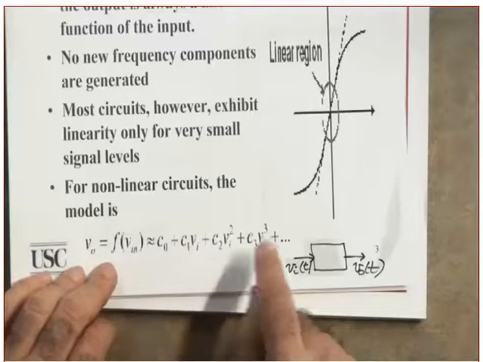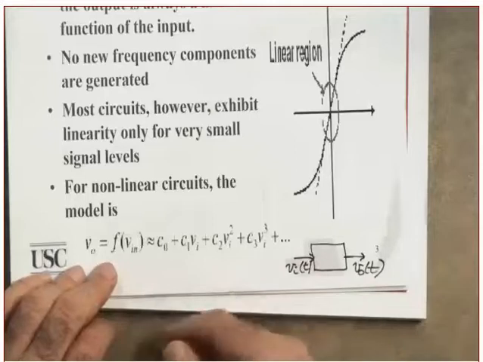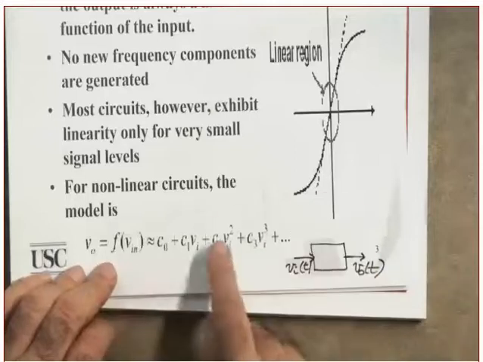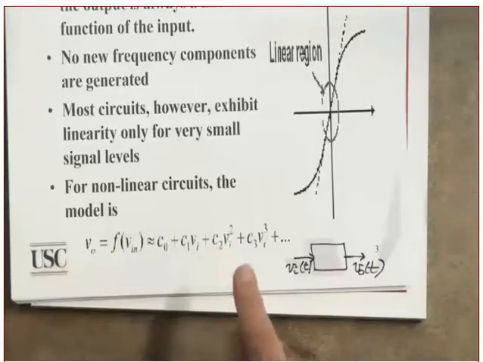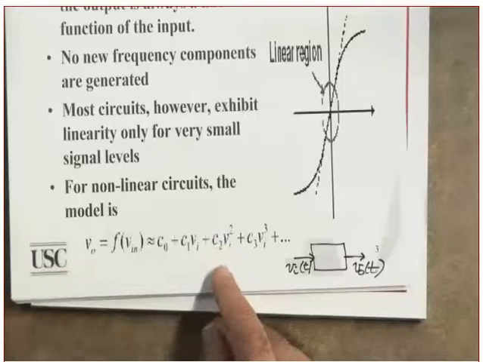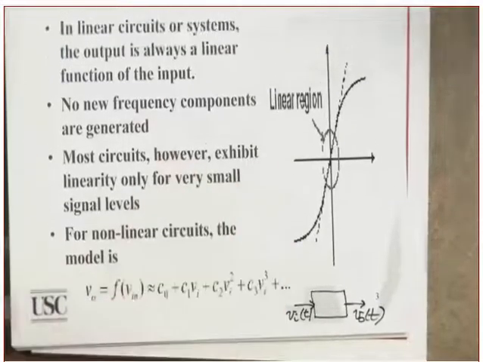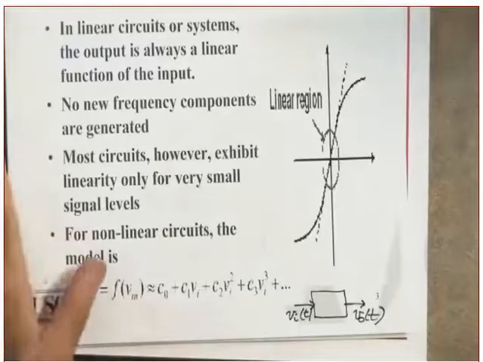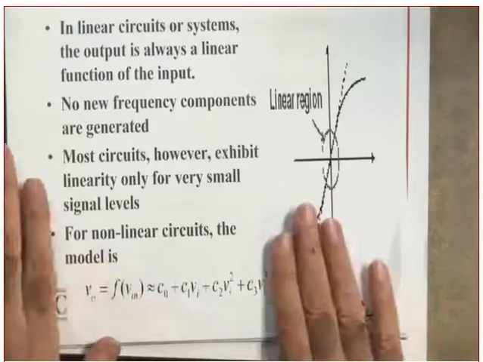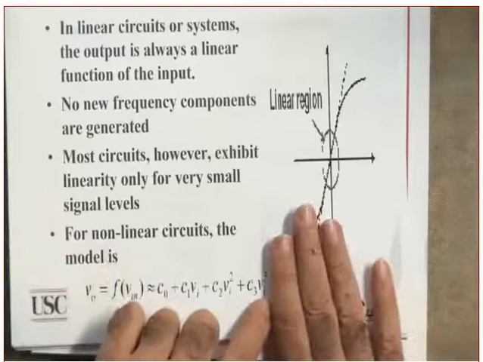All of these are the nonlinearities. Don't call those harmonics. Call them the nonlinear terms. Their effect is to generate the harmonics and the third order intermodulations and so on. Clear? Now, in our course, we are only going to stop at the third order.